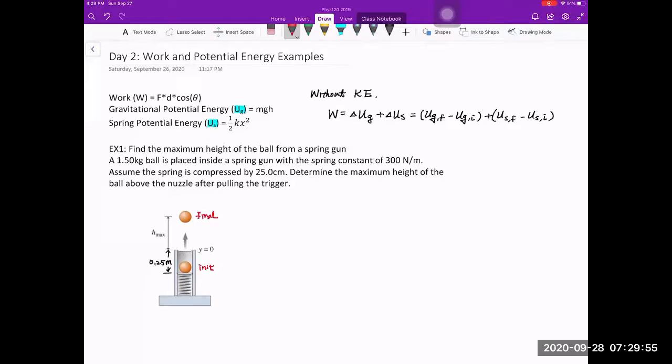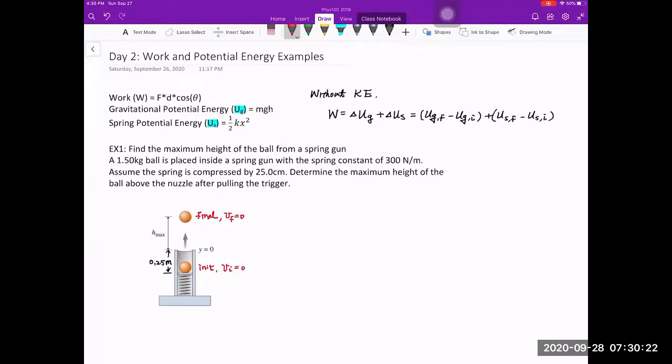In the initial state, the velocity is equal to 0. At the final state, the velocity is also equal to 0 because it's the maximum height. When you reach the maximum height, there's no speed, right? Otherwise, it will keep on going. So both states have velocity equal to 0. That's why we don't have to consider the kinetic energy.